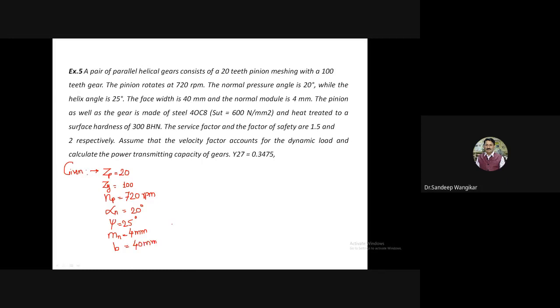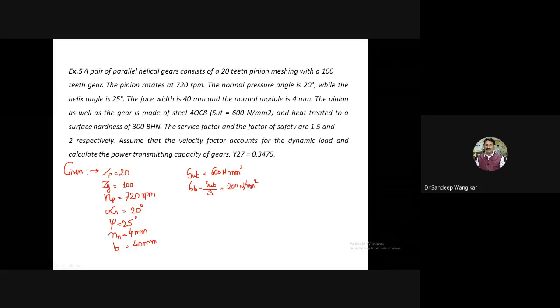The pinion as well as the gear are made up of steel material 40C8 and the ultimate tensile strength is given as 600 Newton per mm square. So using Buckingham's equation, I will say sigma B is equal to SUT by 3, 600 by 3. So I will directly write it there, 200 Newton per mm square.